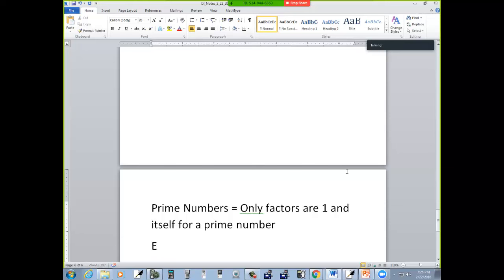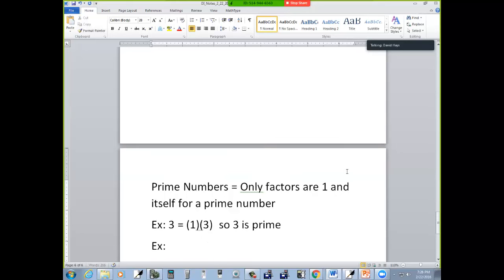For example, if I had 3, the only way I can write that as a product is 1 times 3. So 3 is prime. On the other hand, if I had 4, I could rewrite it as 1 times 4, or I could rewrite it as 2 times 2. So we have different factors besides 1 and itself.